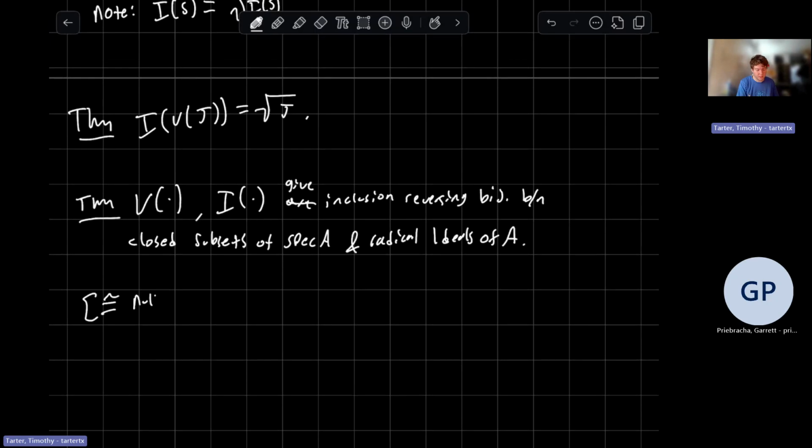This is equivalent to all of the other Nullstellensatz.